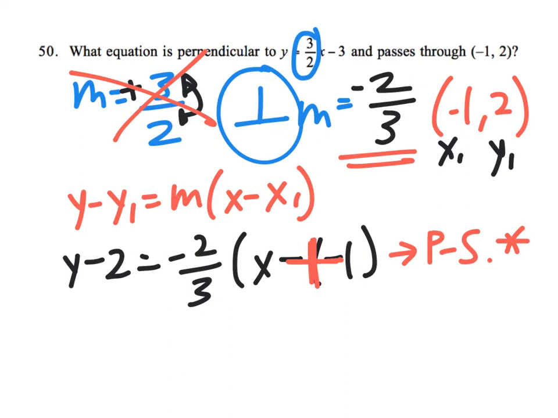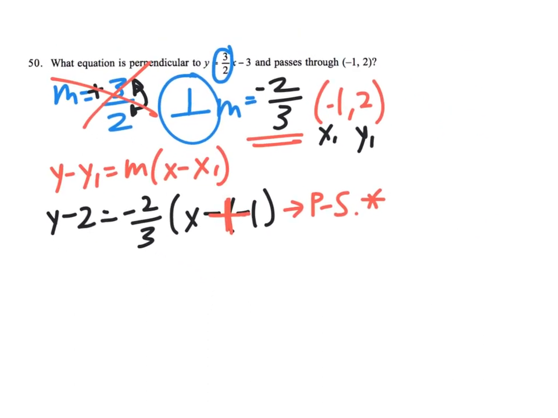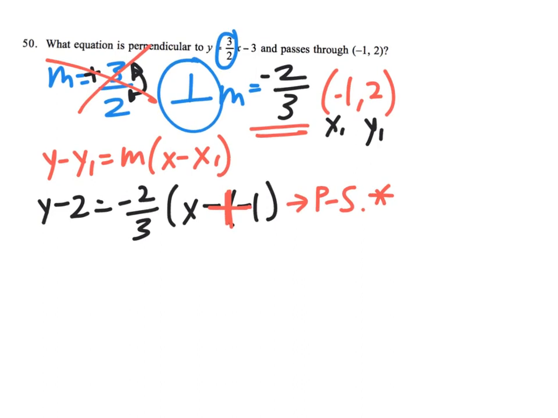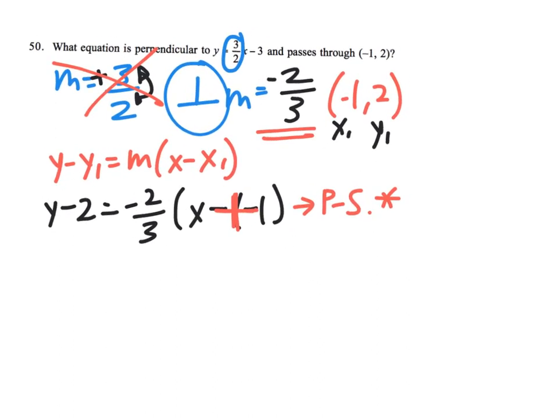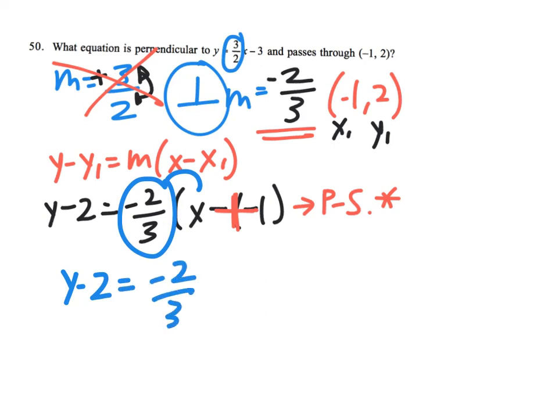So if they want it in slope intercept form, you have to get y by itself. To do that, we are going to take our negative 2/3 and distribute it. Do negative 2/3 times x. We still have y minus 2 equals negative 2 over 3x. And then we do negative 2/3 times 1, so minus 2 over 3.